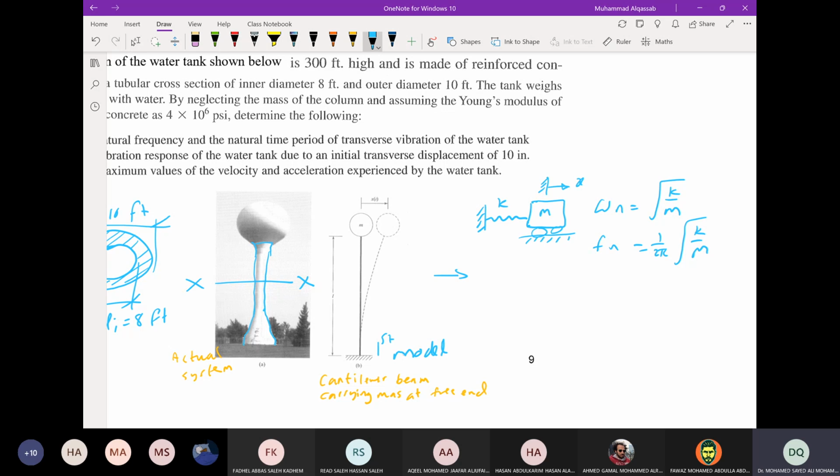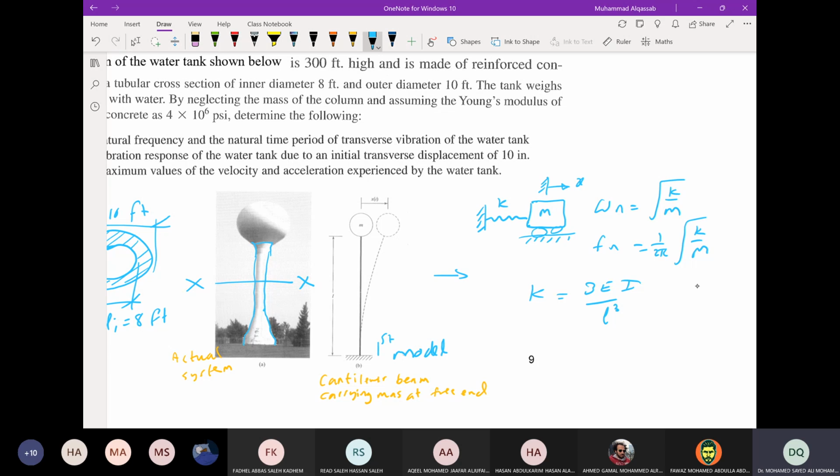So we are modeling a spring mass system, and once you reach a spring mass system, there is no need to derive omega n or fn again. It is already derived. But here, for the cantilever beam, K is equal to 3EI over L cubed.